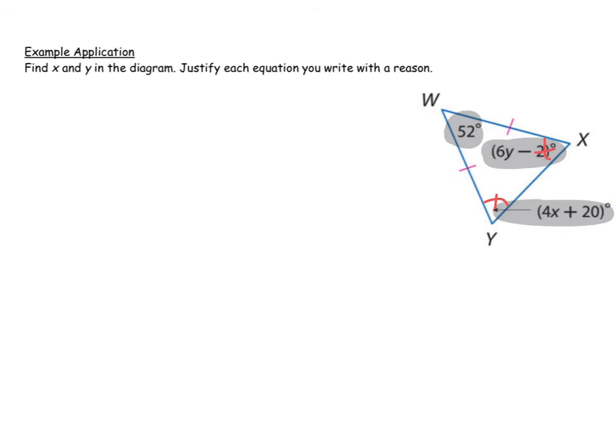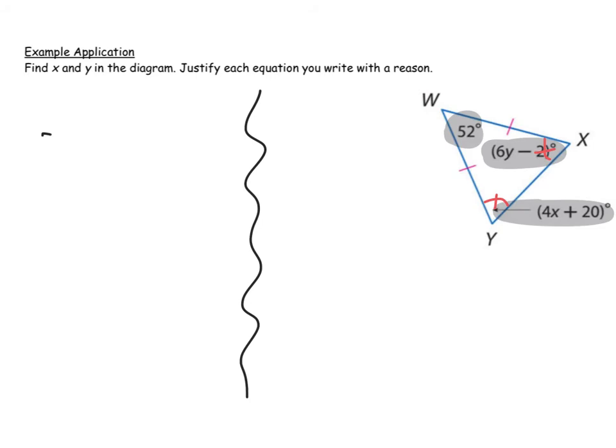So there are two ways to do this problem, and you might want to pause the video and see which way works for you. One is definitely more complicated than the other, so see if you can figure out the shortcut way, and then unpause the video and see which way you decided to do. So the first one involves a system.